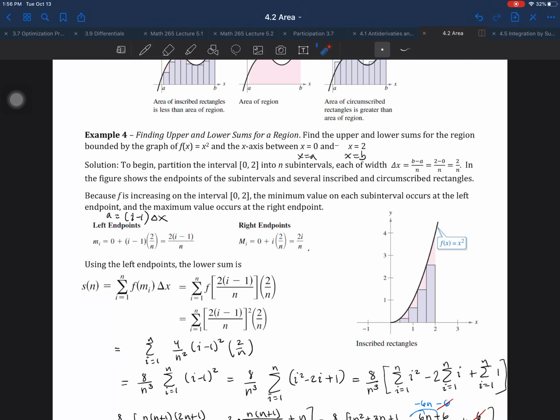So we're going to take 2 minus 0 divided by n. In this case, we don't know how many intervals we're doing, so we're going to leave it as n. When it's not specified, we use n as the number of intervals. So we have 2 over n. That's your delta x. And so when we use this one, sorry, I made a mistake here.